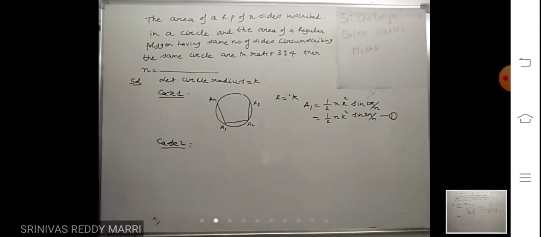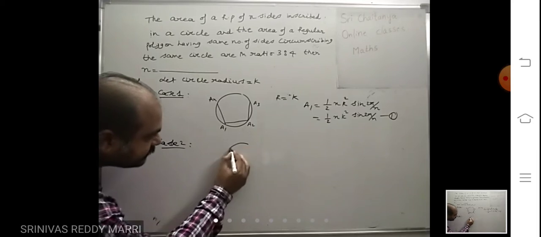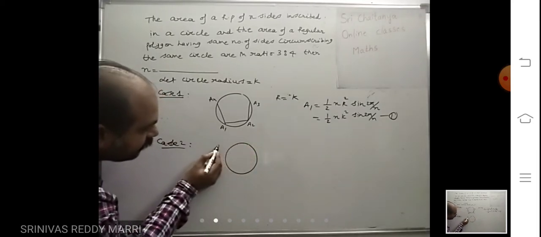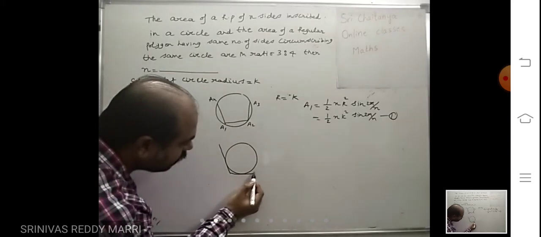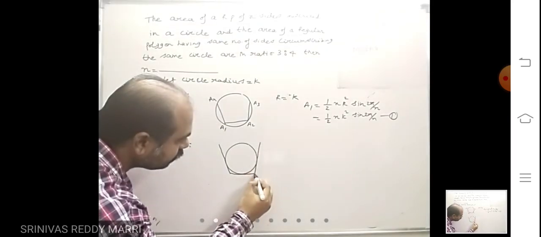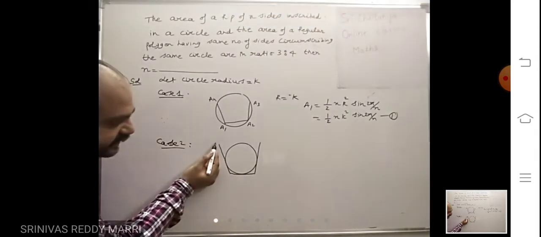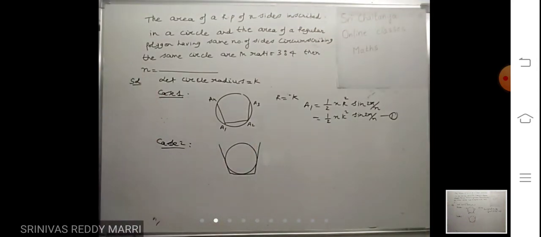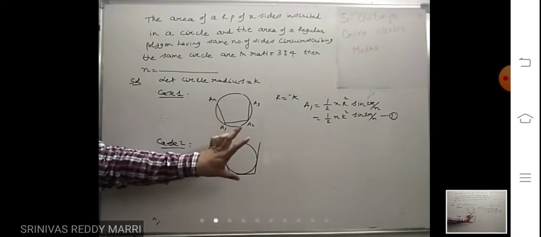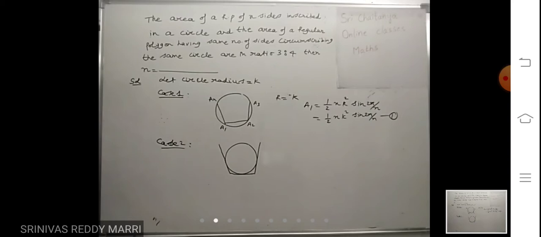That means the polygon is outside and the circle is inside.